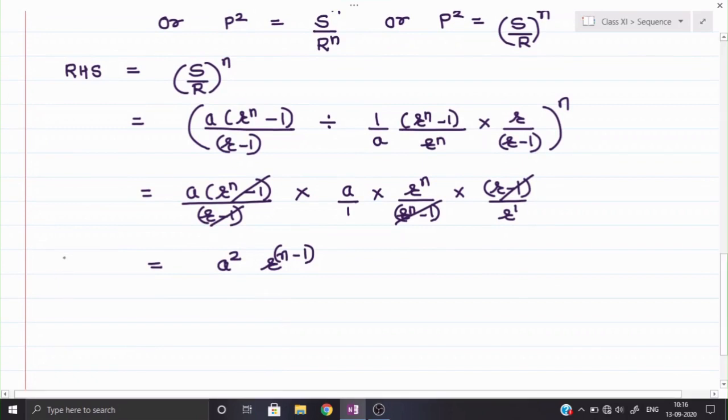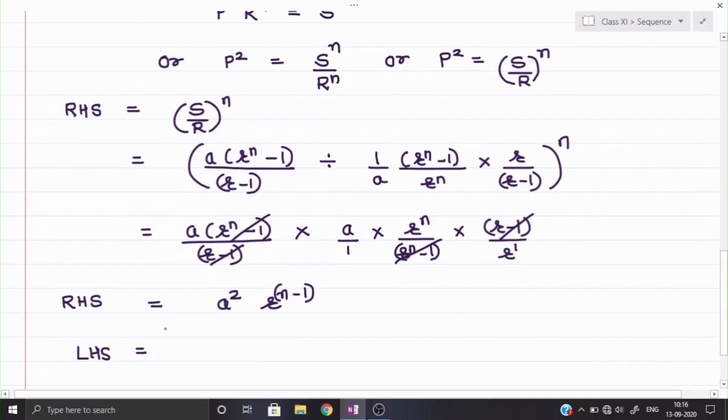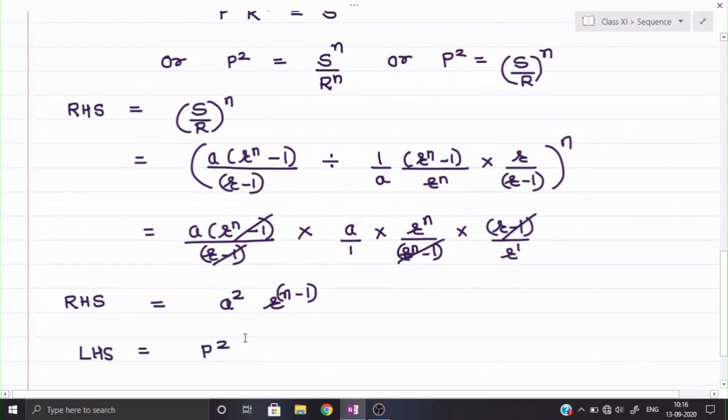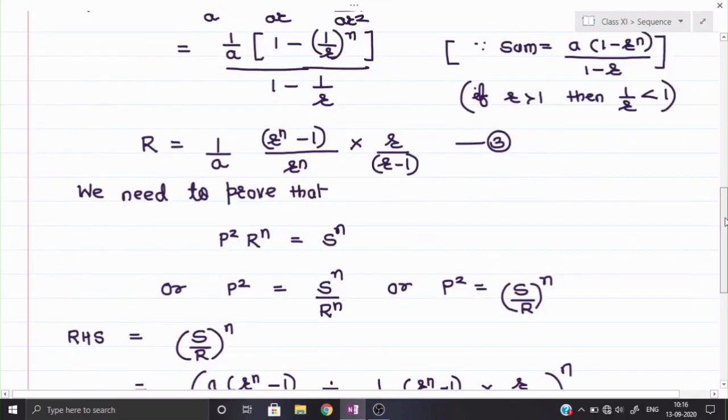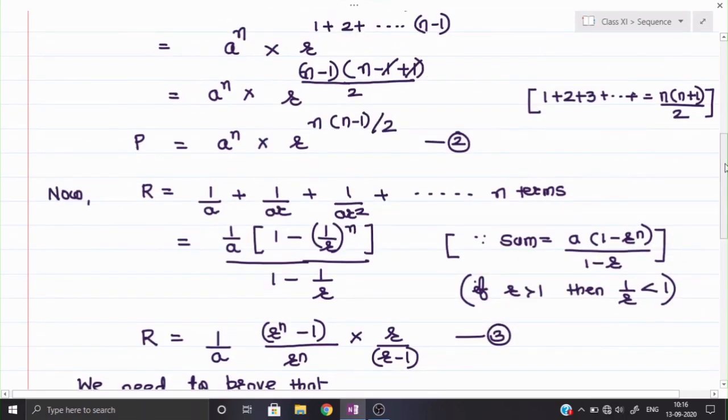Now if I talk about the LHS, because we did not get the LHS completely. What is the LHS? Our LHS is p square. So let us put in the value of p from the equation number second: a to the power n into r to the power n into n minus 1 upon 2.